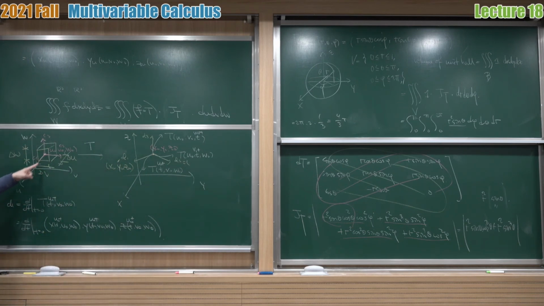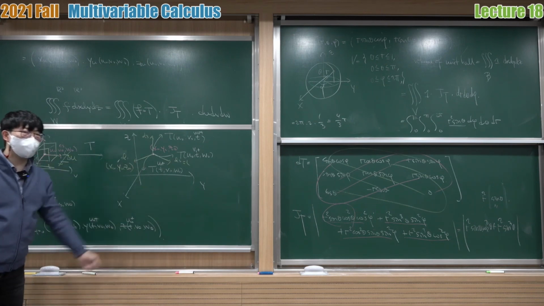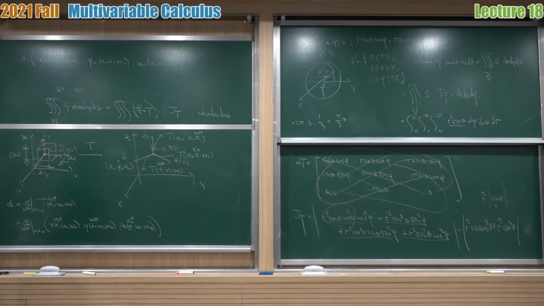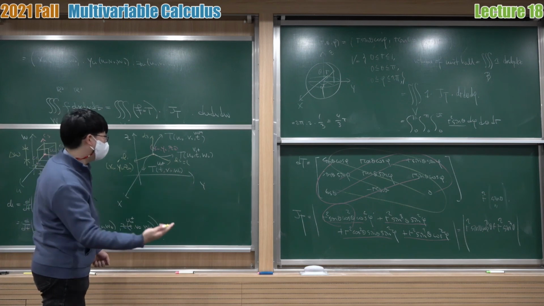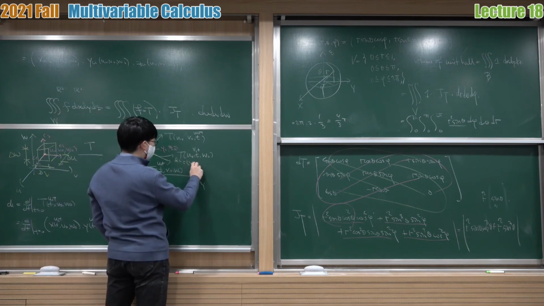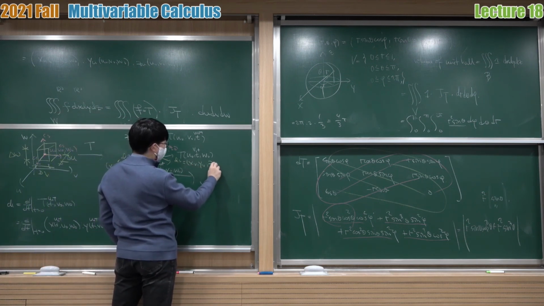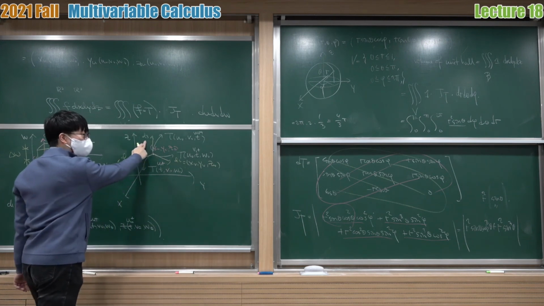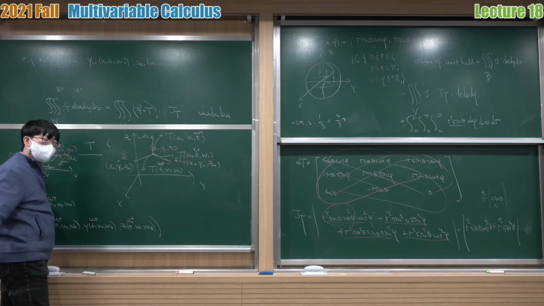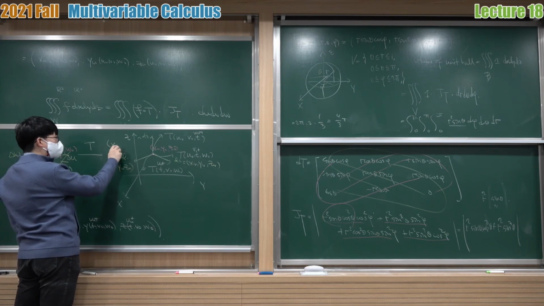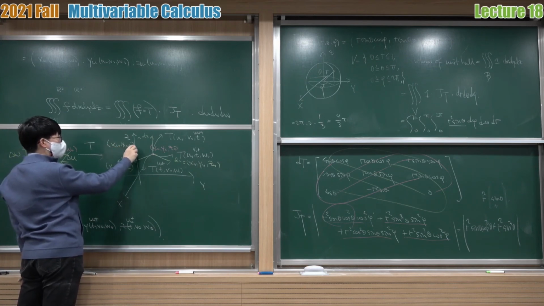I'm moving in the v direction for d2 and seeing how the corresponding curve in the range space looks. I'm just moving v. That means I'm taking a partial derivative of v. I'm looking at the rate of change in terms of v. So this is (x_v, y_v, z_v). And what is d3? (x_w, y_w, z_w).